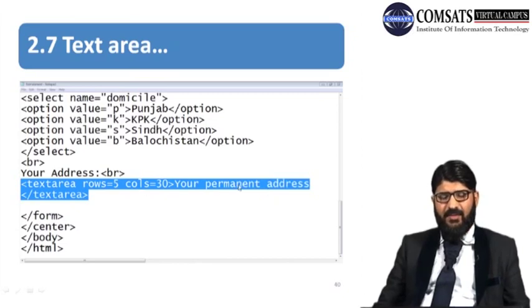This is the permanent address that you want the user to enter, and you are putting it in, and then the text area field is closed. So your address will appear as a label, and this is the size that you are mentioning. The columns will be 30 and the rows will be 5, this much area, and the text that will appear is your permanent address over there.